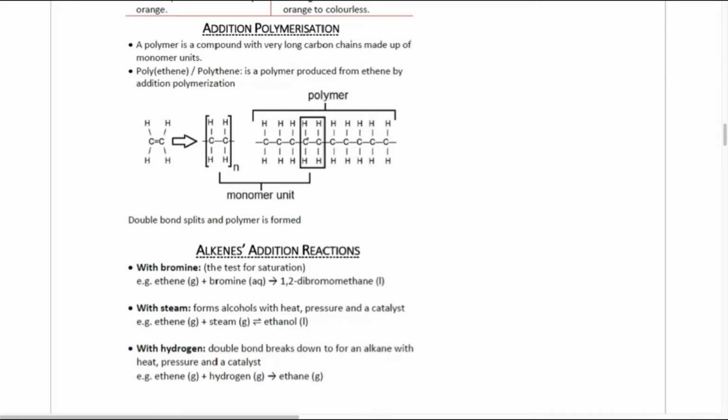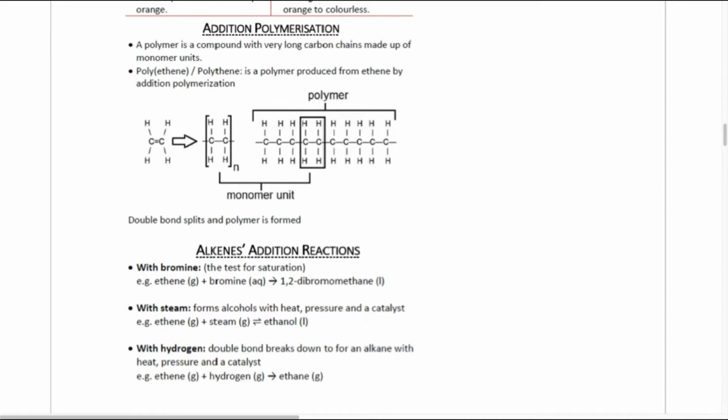After they join up, we call it polyethene. Although the name is ethene, the double bond is not there anymore. It's a polymer produced from ethene by addition polymerization. The double bond splits sideways, and the polymer is formed.